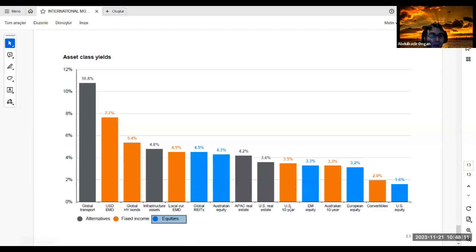Please look at this: in global transport, I had the highest 1-year return, approximately 11%. If you look at Australian 10-year fixed income government securities, it is just 3%. United States 10-year is just 3.5%. But if you focus on global high yield bonds, it is 5%.